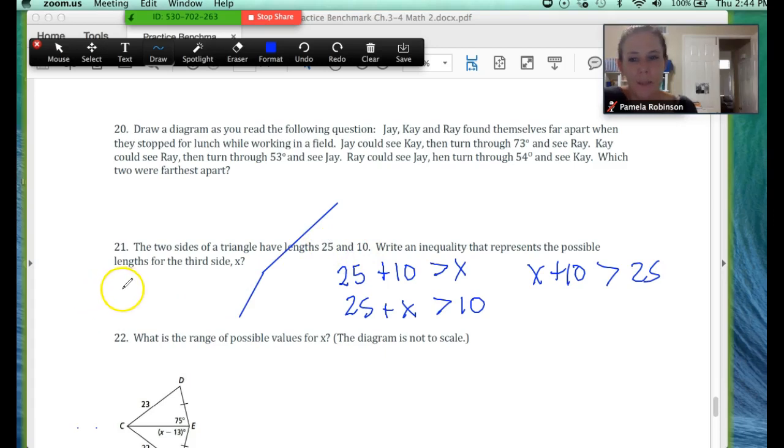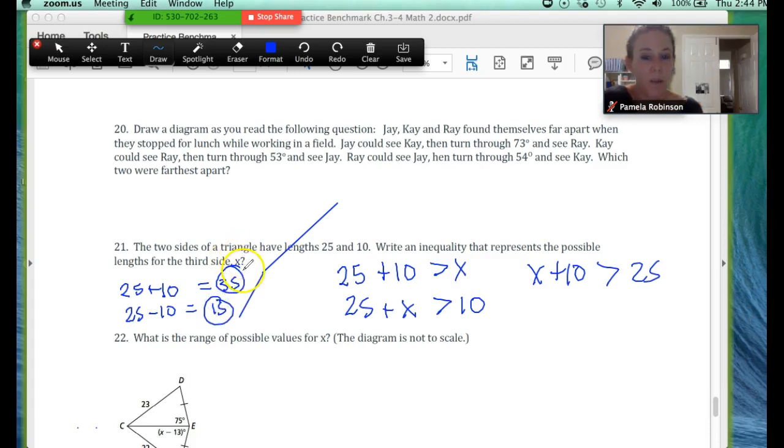If I have two sides, 25 plus 10, when they're straight, that's going to be my biggest length I could possibly be. So 25 plus 10, that's 35. That's my top, okay? And then I'm going to go 25 minus 10 when I swing it down. 25 minus 10 is 15. That's my lowest.